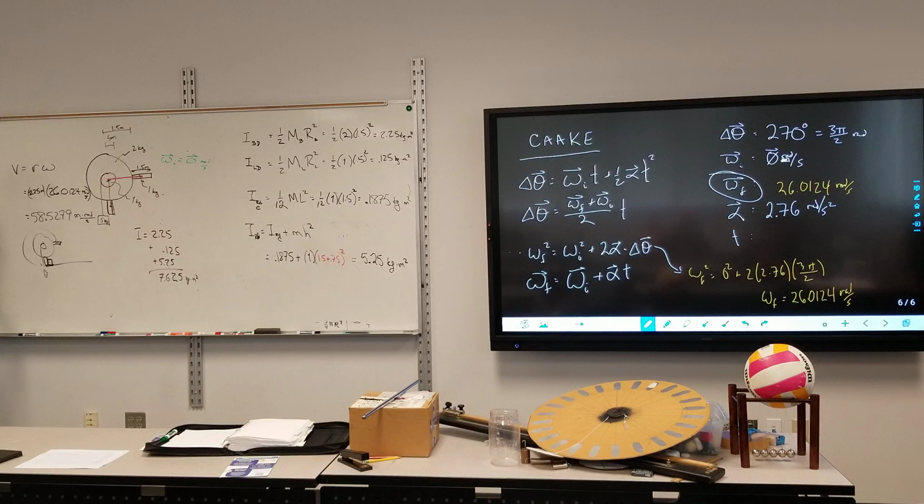This mass, that was 1 kilogram, let's make this 2.4 kilograms. And let's assume that it attaches at that moment that it hits, and let's assume a perfectly elastic collision. What is the velocity of the 2.4 kilogram mass after the collision?